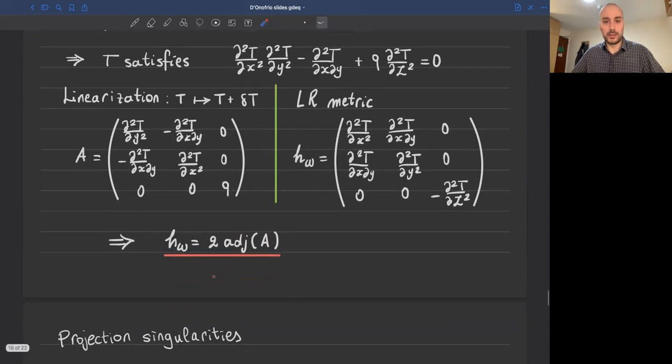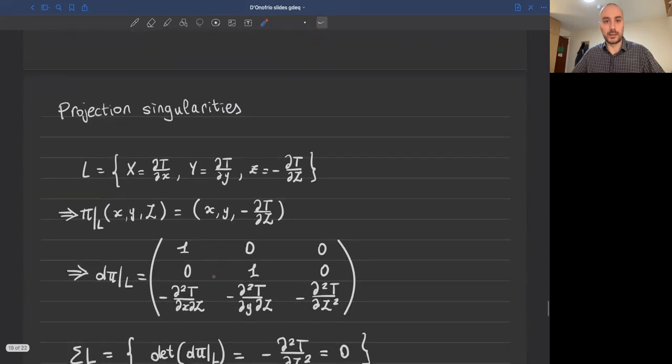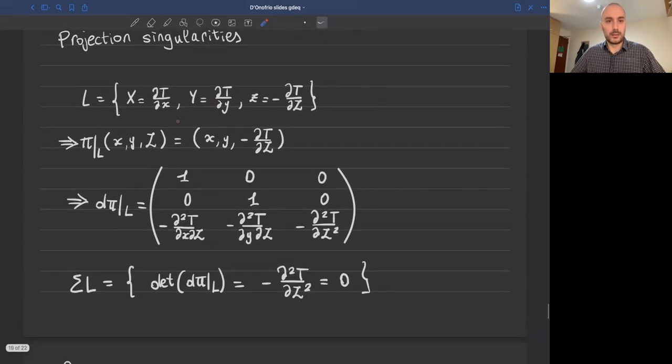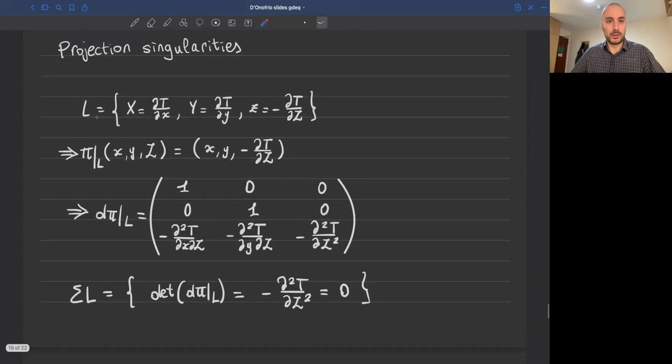Now, how to link all this with singularities? Very simple. We rely on a local description again by means of T and write the projection mapping from L to R3, its derivative, which is singular along this set, right?